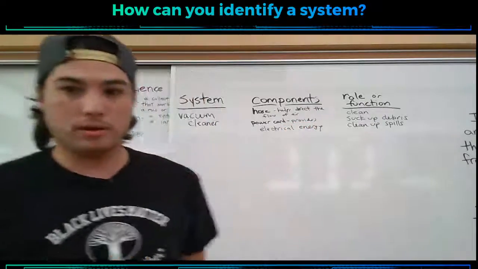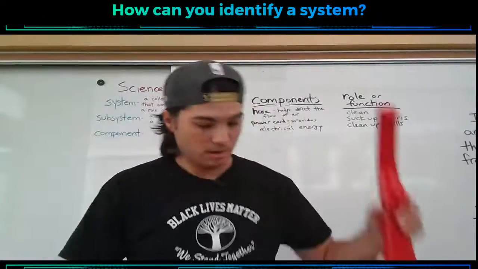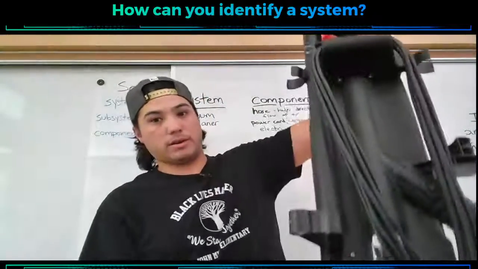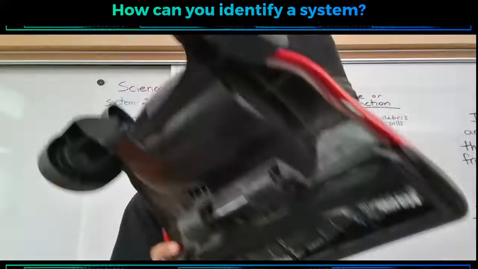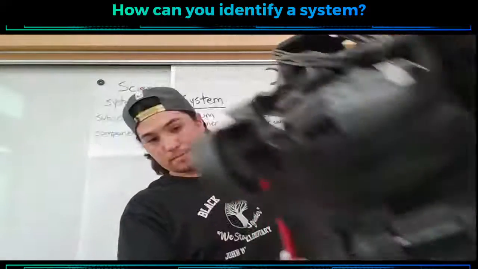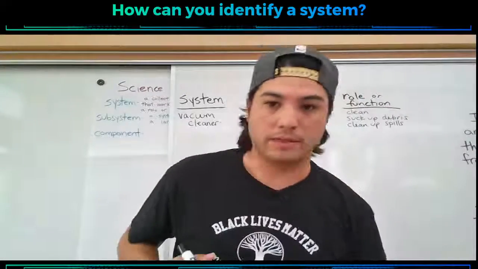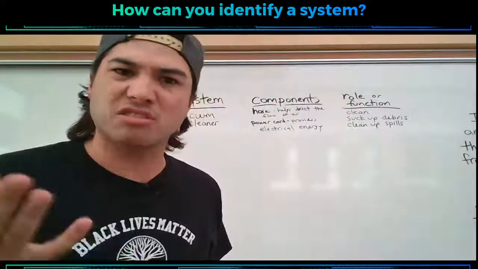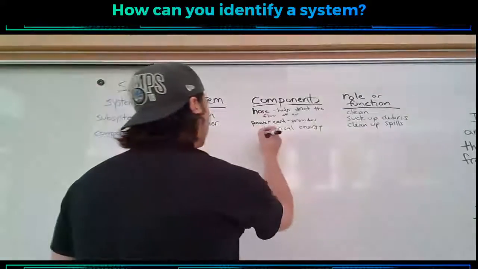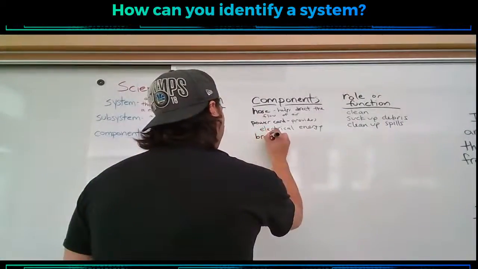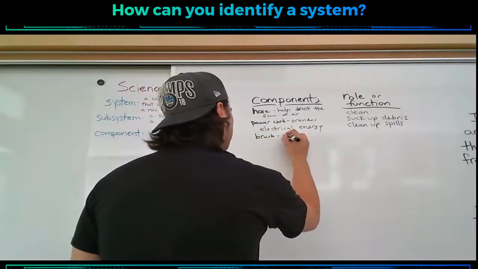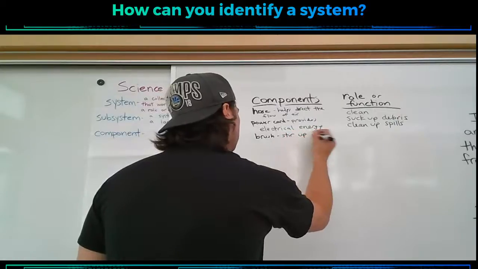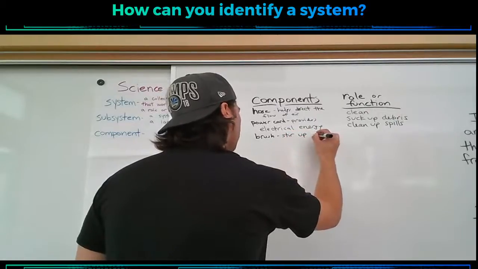Okay, what other parts might we see? All the way down here on the bottom, we've got our brushes, right? We've got our little spinny vacuum brush things, right? And they spin and they sort of stir up the dust so it's easier to get sucked up.